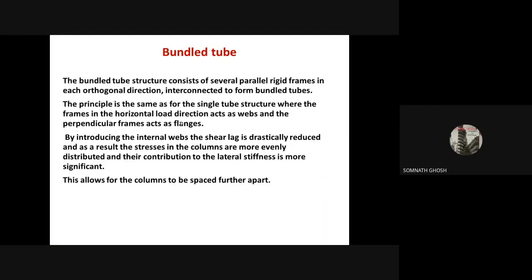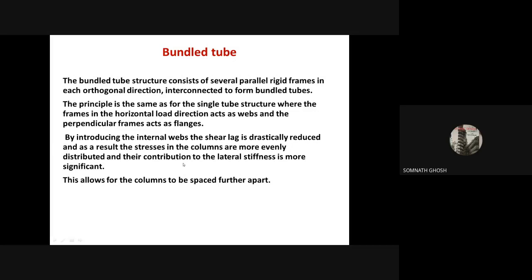Now this bundle tube, if I want to write it down: a bundle tube structure consists of several parallel rigid planes in orthogonal directions interconnected to form a bundle tube. The principle is the same as I told you for the single tube, where the planes parallel to the direction of load act as web and flange, the web-flange concept.